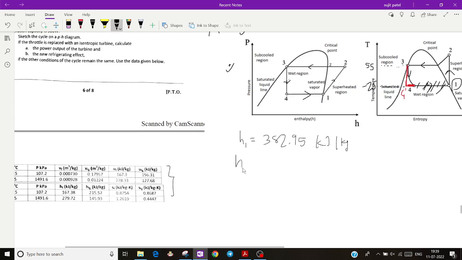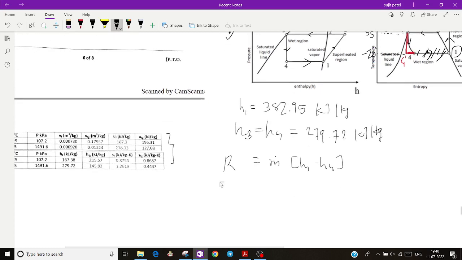Now the H3 point, that is the saturated liquid enthalpy at 55 degrees Celsius, is the same as H4, because 3 to 4 is an isenthalpic expansion, that is throttling. So that is 279.72 kilojoule per kg. Now we know the refrigeration effect R is given by the mass flow rate of the refrigerant, m dot, into H1 minus H4.